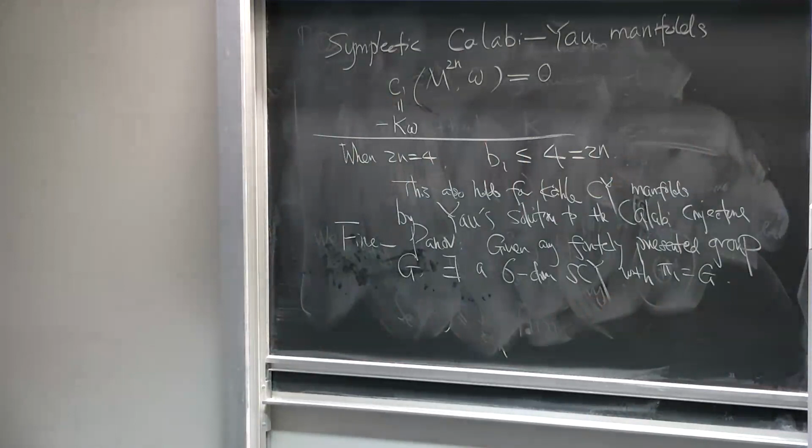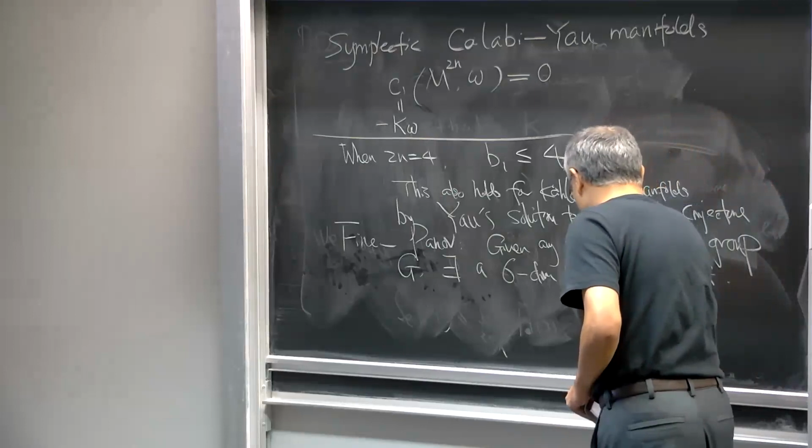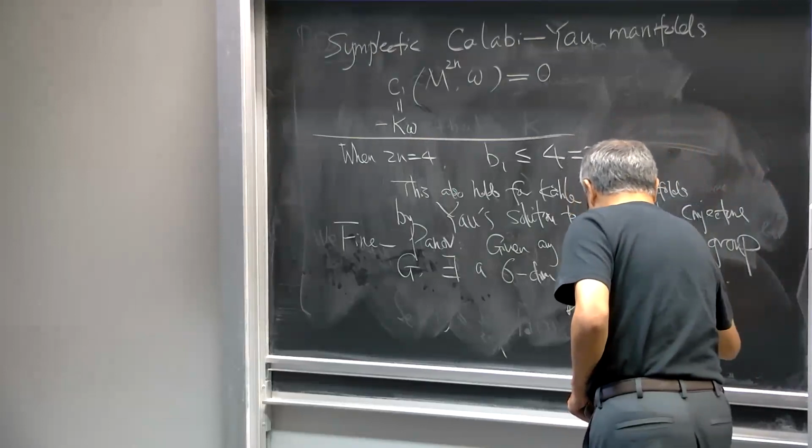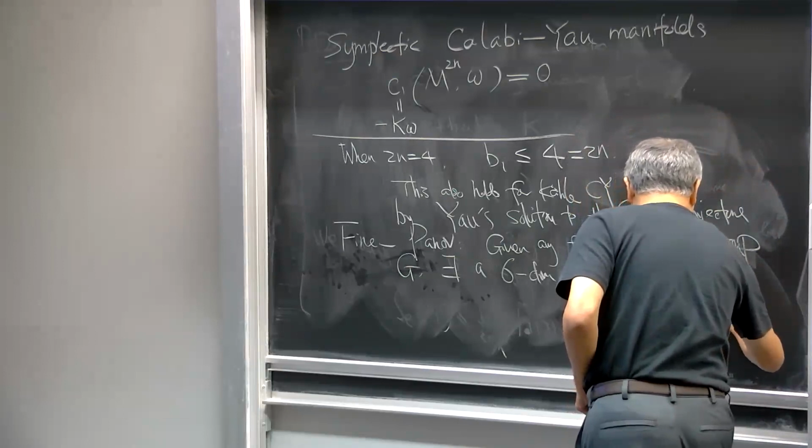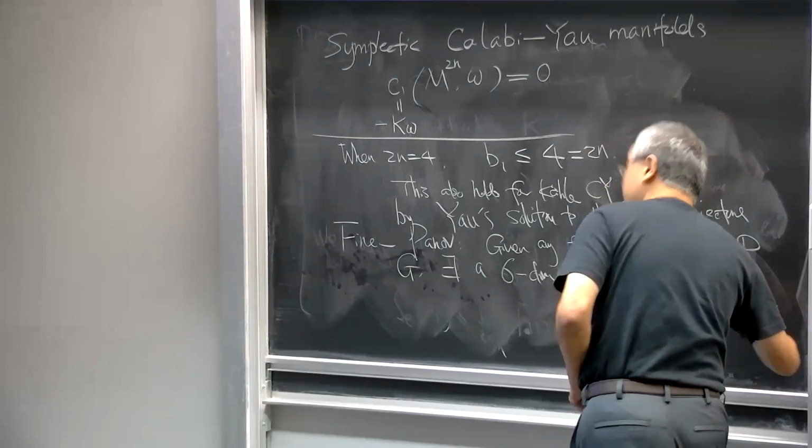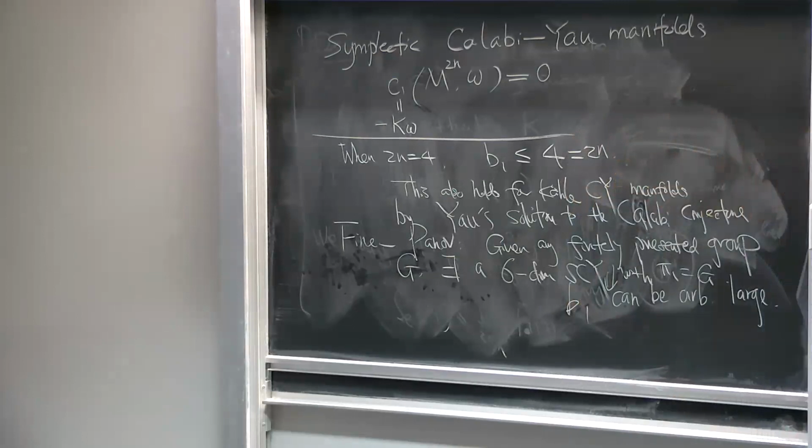Any finitely presented group, you can construct some 4-manifold with pi 1 being the given group G. But here, in dimension 6, you impose the similarly very strong condition of being symplectic Calabi-Yau, and you can still find one. So particularly B1 can be arbitrarily large. No such bound exists, even starting in dimension 6 for a Calabi-Yau manifold.